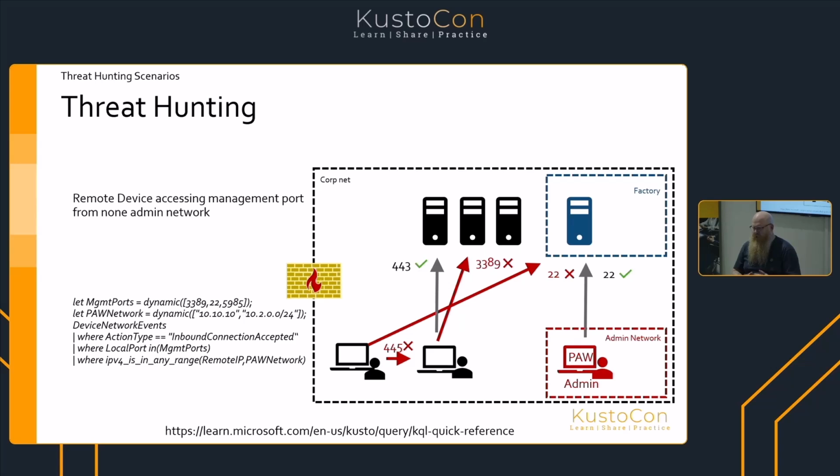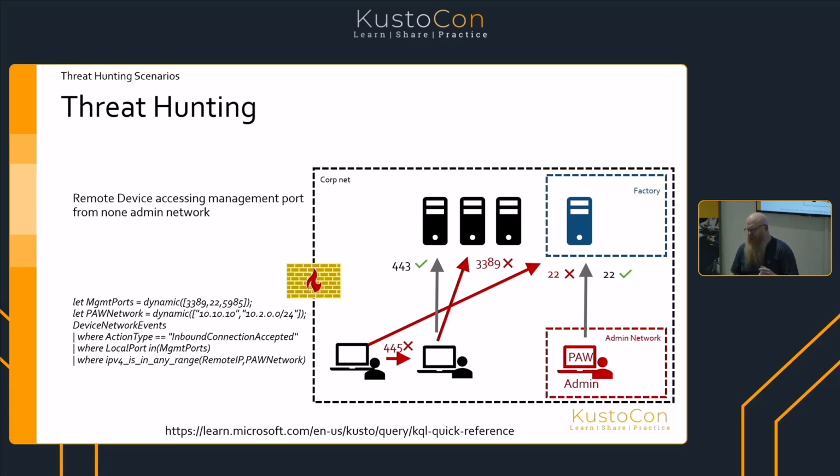You can't take this query and execute it in your environment as it is. You need to define the networks, maybe you have other networks. But the idea here is to look for traffic inside your network that is suspicious. RDP is not a malicious protocol by itself. It's just something that shouldn't be used everywhere.